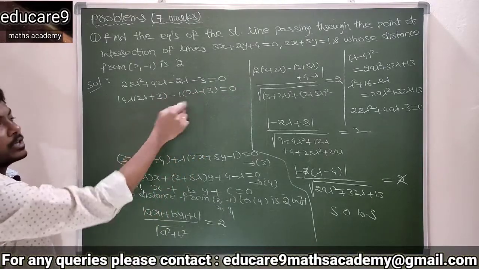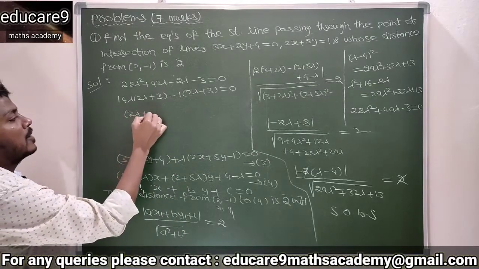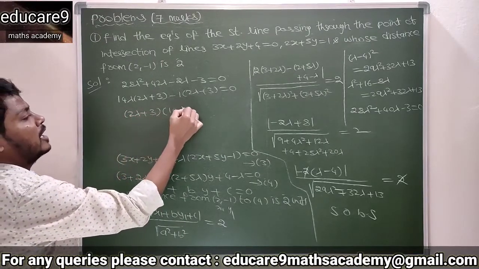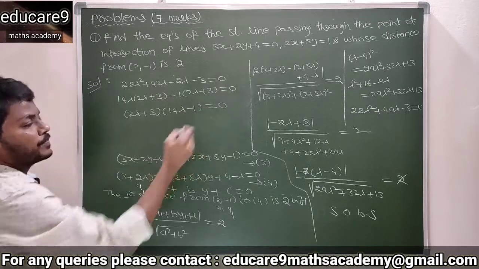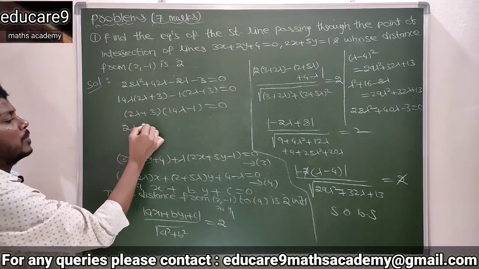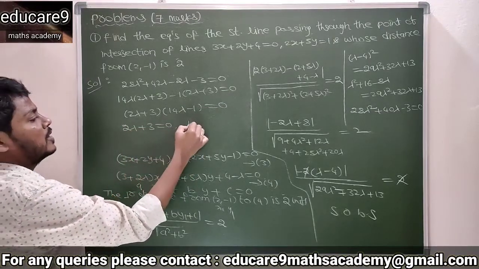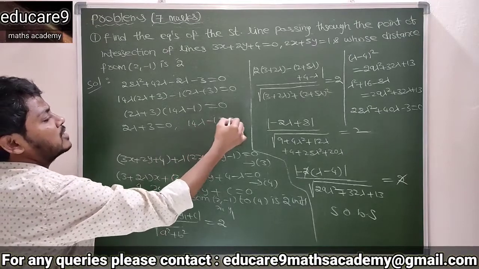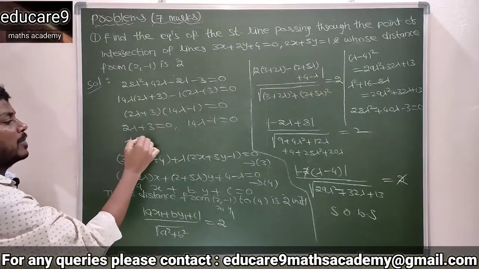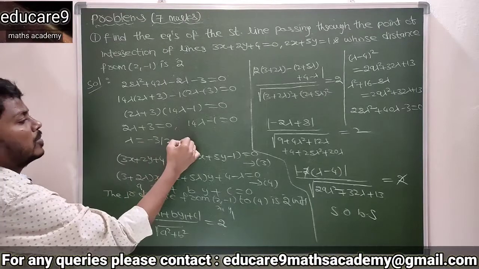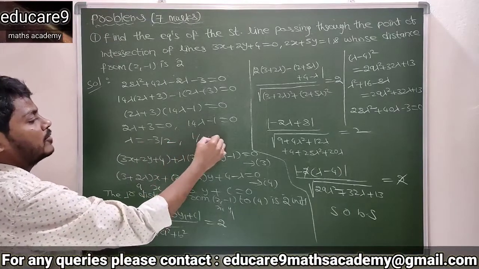So (2λ + 3) is common, and you get (14λ - 1) = 0. So one is 2λ + 3 = 0, next 14λ - 1 = 0. So clearly λ is equal to -3/2, 1/14.